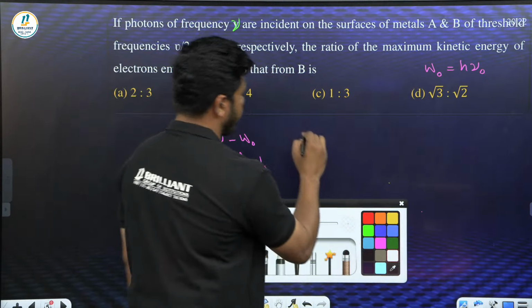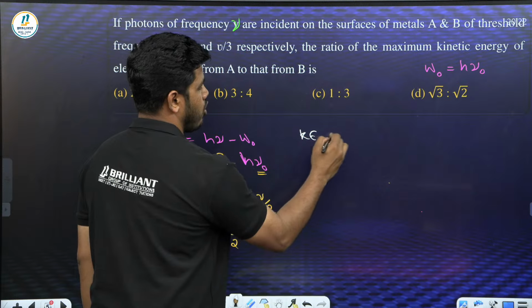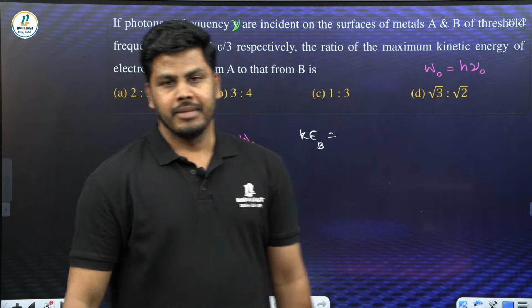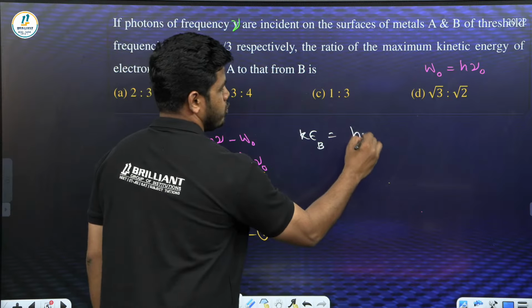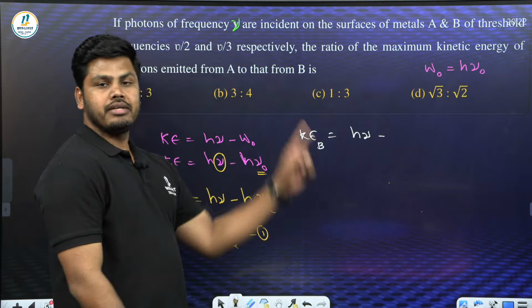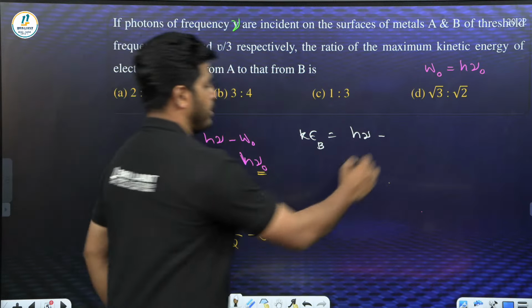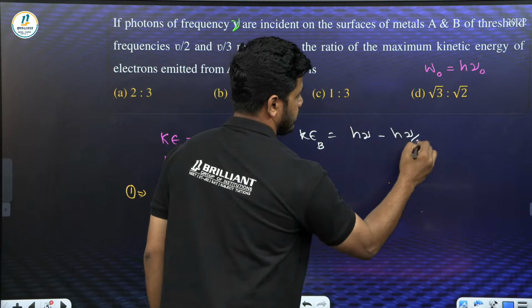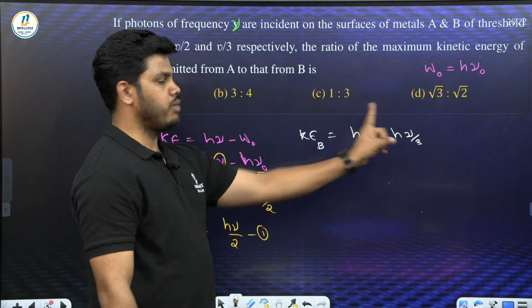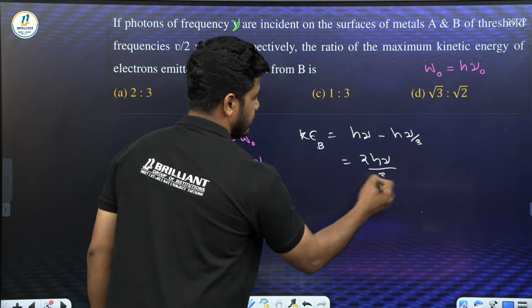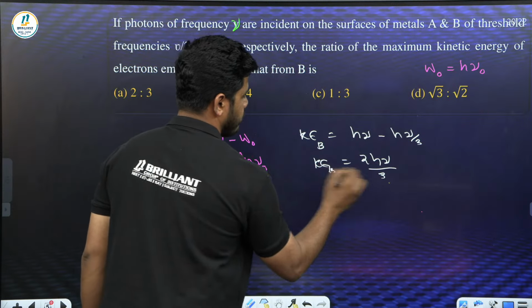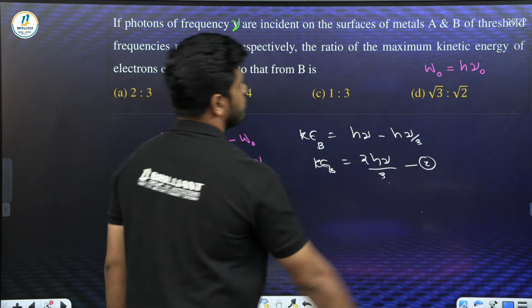If you do the same thing for the second one, kinetic energy of B is going to be h nu, same incident frequency, but the threshold frequency is different this time, nu by 3. So h nu by 3, correct? So 3h nu minus h nu, we get 2h nu divided by 3. This is kinetic energy of B, equation number 2.